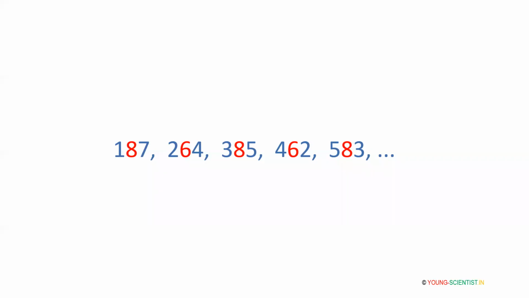Because sometimes the shortcut can actually help you. Now we see that there's an alternation of the middle digit between 8 and 6. So you can expect that the next number should have 6 as the middle digit in the 10s place.